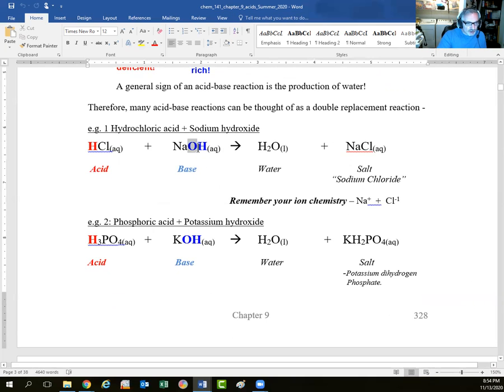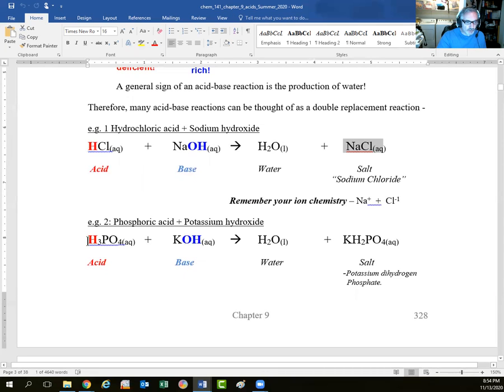Pick out the hydroxide from the base, pick out the hydrogen from the acid, they'll combine to produce water, and then the leftover bits, sodium and chloride, come together to form sodium chloride, the other product.